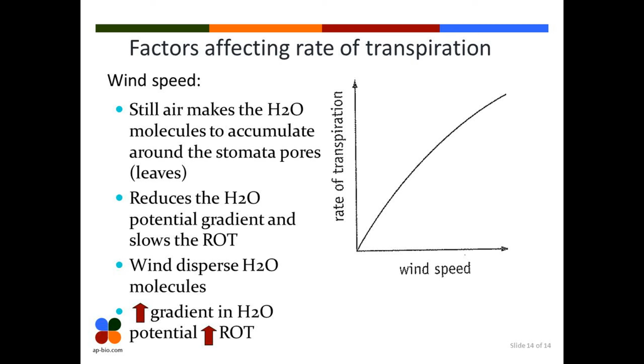This layer also reduces light penetration into the leaf. But with wind, this boundary layer is replaced with drier air, thus increasing water potential gradient and enhancing transpiration. However, strong winds may cause excessive loss of water from the leaves, leading to the stomatal closure.